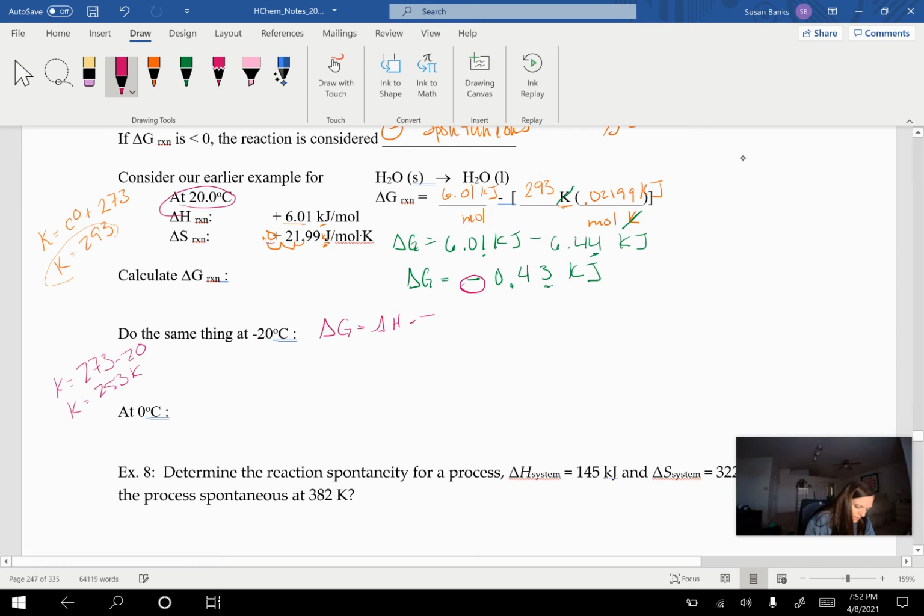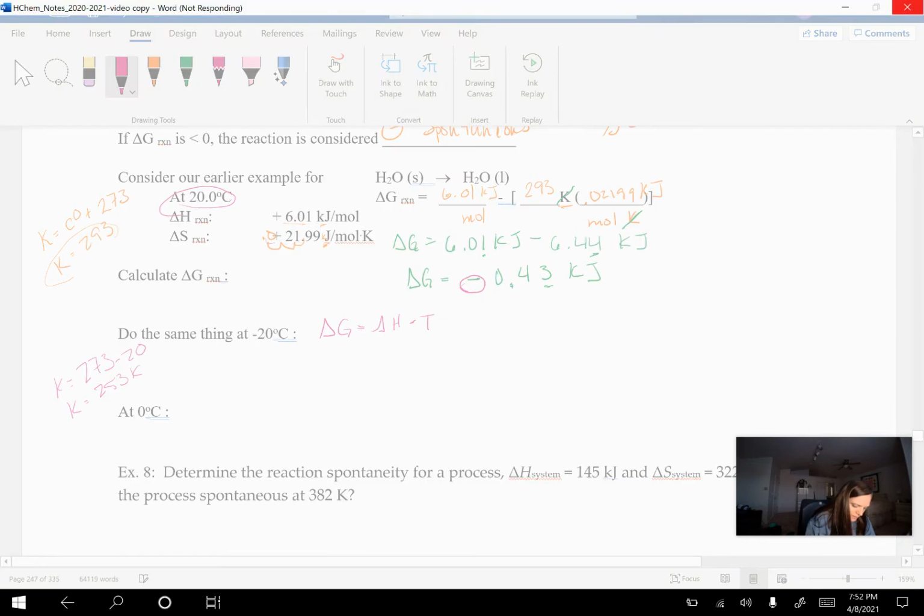Delta H minus T delta S, and here we go again.